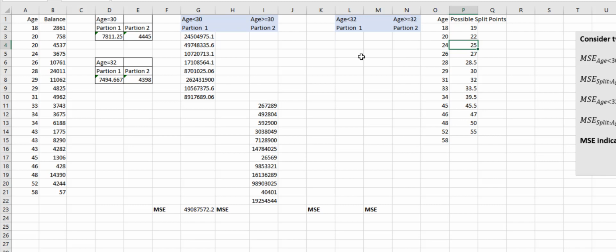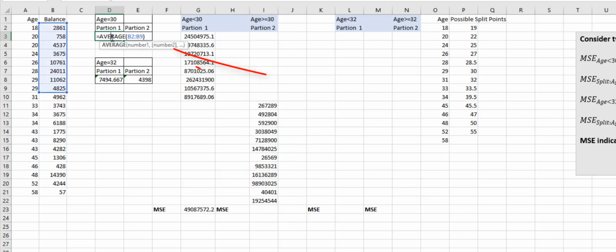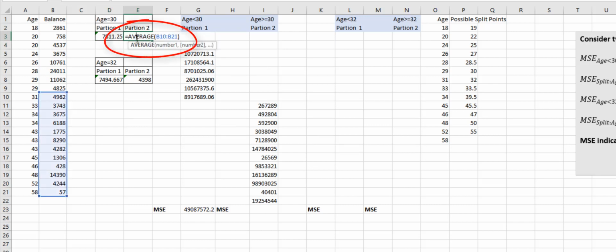A split at age 30 creates two partitions. Customers whose ages are less than 30, in that case we have 8 observations, and customers whose ages are equal to or greater than 30, in that partition we have 12 observations. The average bank account balance of the first partition is equal to $7,811.25, and the average bank account balance of the second partition is equal to $4,445.